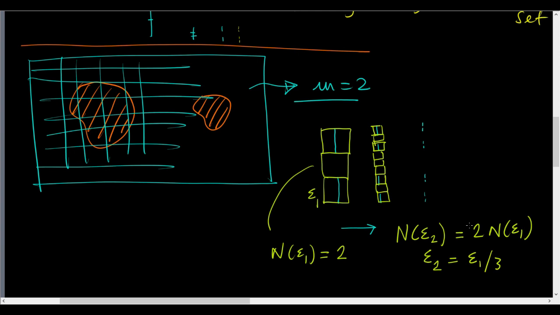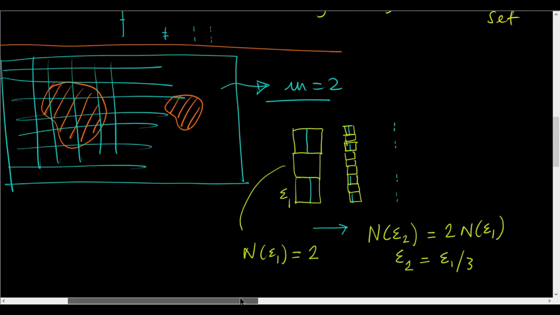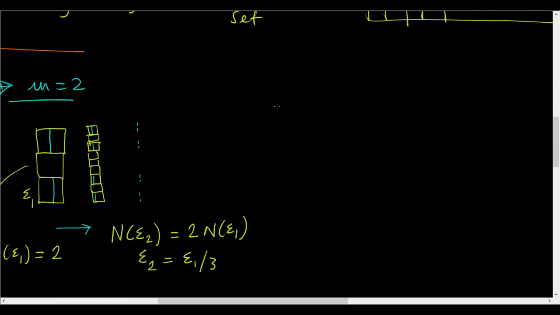What this means is that epsilon k is equal to, let us say, epsilon 0 by 3 to the power k, and n of epsilon k is equal to some n0 times 2 to the power k.